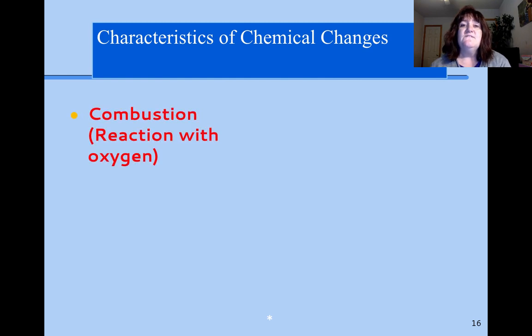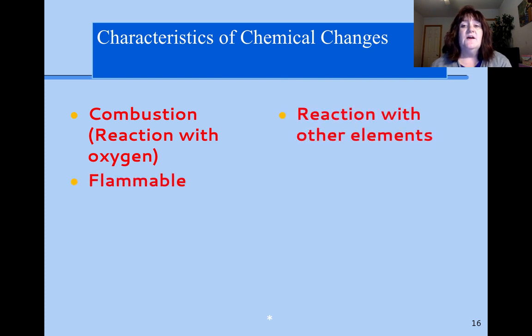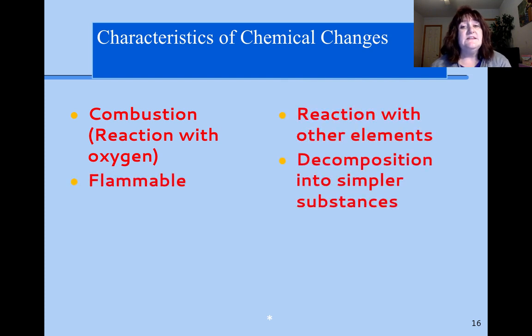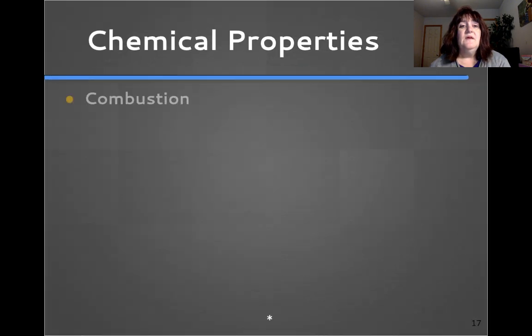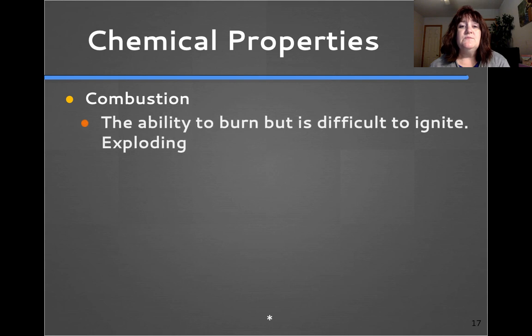So we're going to look at five chemical changes: combustion, which is a reaction with oxygen; flammability, a reaction with other elements; decomposition; and corrosion. A definition for each of those: combustion is the ability to burn but is difficult to ignite. This is exploding.